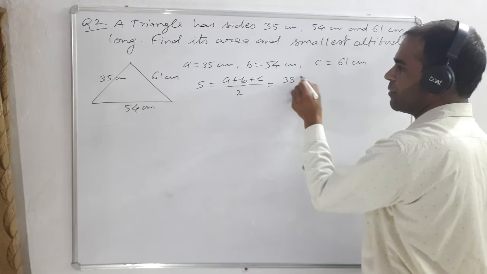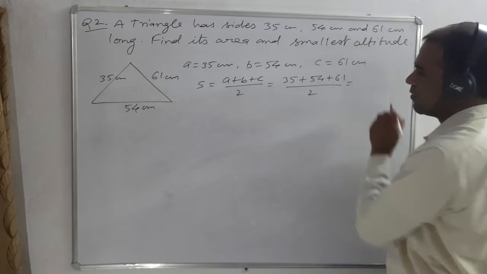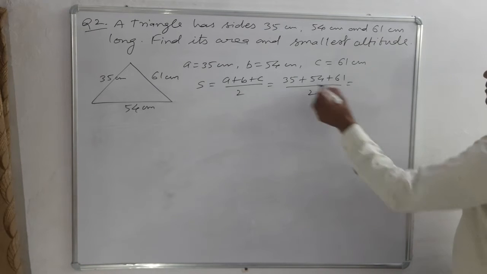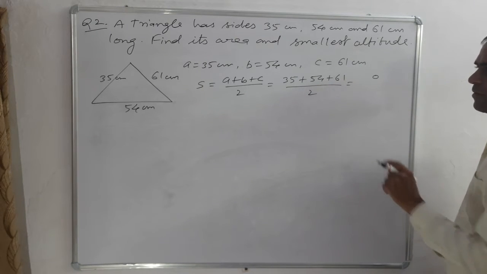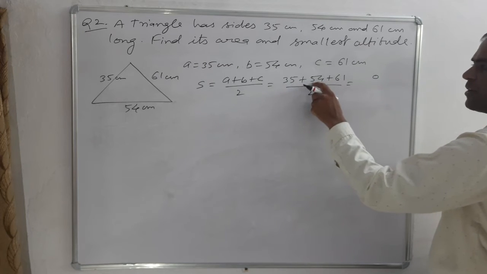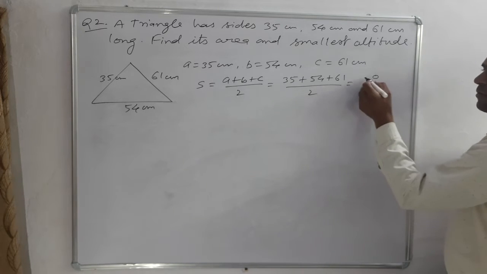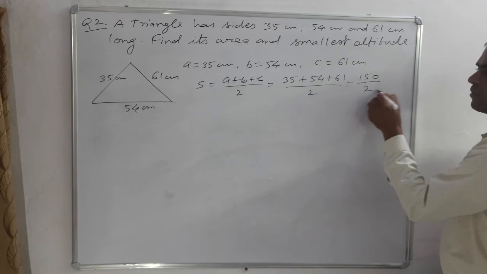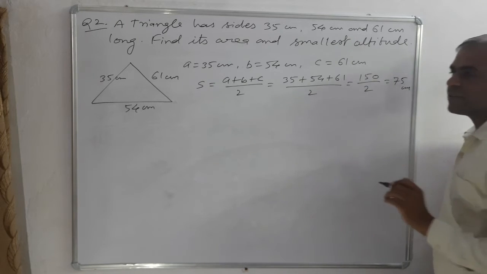Therefore 35 plus 54 plus 61 by 2, whose sum is 150. 150 by 2 is 75 centimeter.